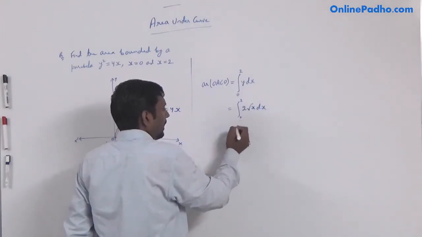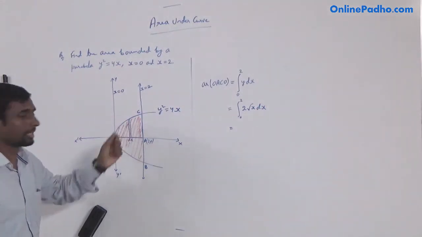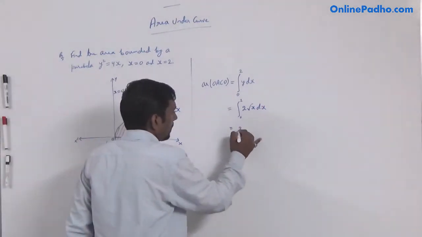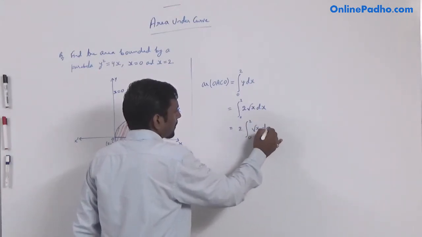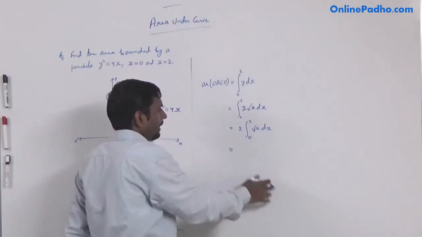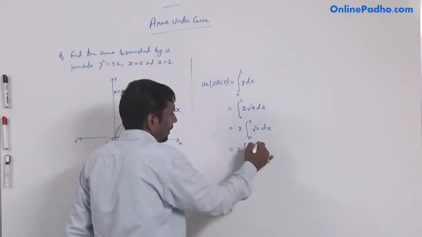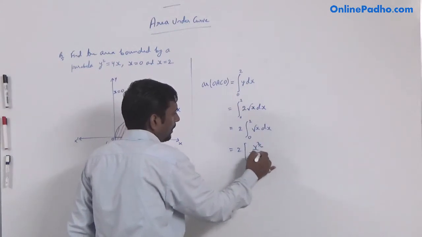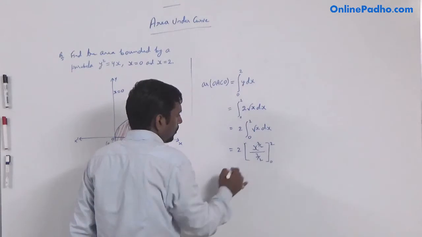Now after integrating, we will get the area of this part above the x-axis. You will get 2 multiplied by the integral from 0 to 2 of root x dx. Now you can find the integration of this. You know, the integration of root x is x to the power 3 by 2 divided by 3 by 2, and the limit is 0 to 2.